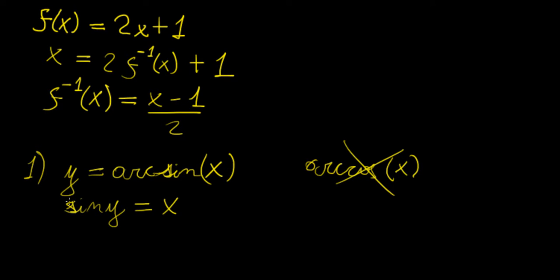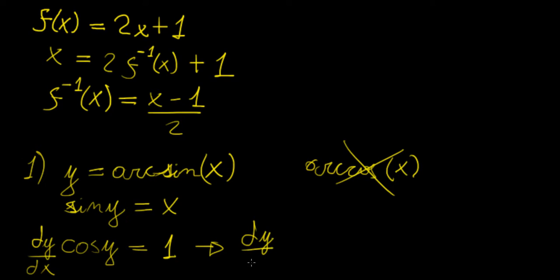The chain rule tells us that we have the derivative of the outside, which is cosine of y, times the derivative of the inside, which is dy/dx, equals 1, because the derivative of x with respect to x is 1.